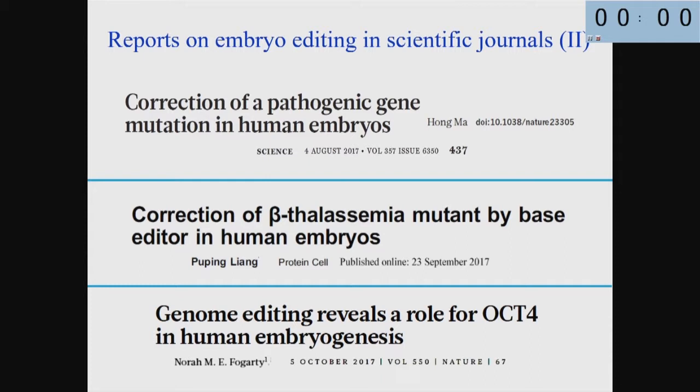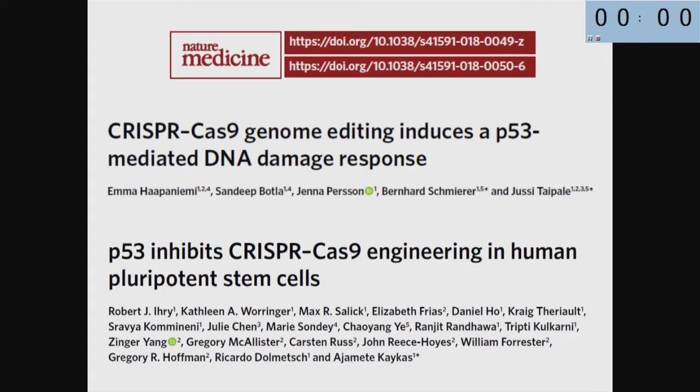The CRISPR-Cas techniques exhibit some improvements, but it is still far from reaching a safety stage that would permit the transfer of the modified embryos or even its application in adult gene therapy. For example, it has recently been shown that cleavage of the DNA by the Cas nuclease induces the p53 mediated DNA damage response, leading to a selection against cells with a functional p53 pathway.